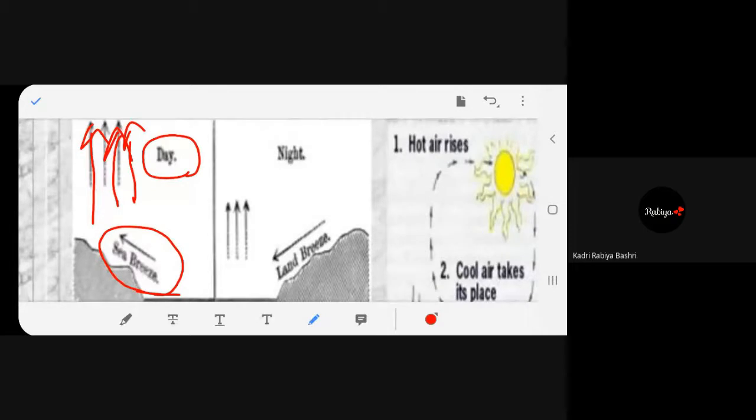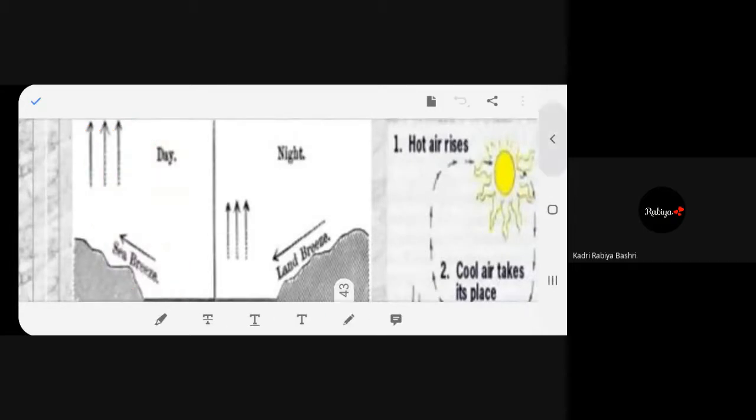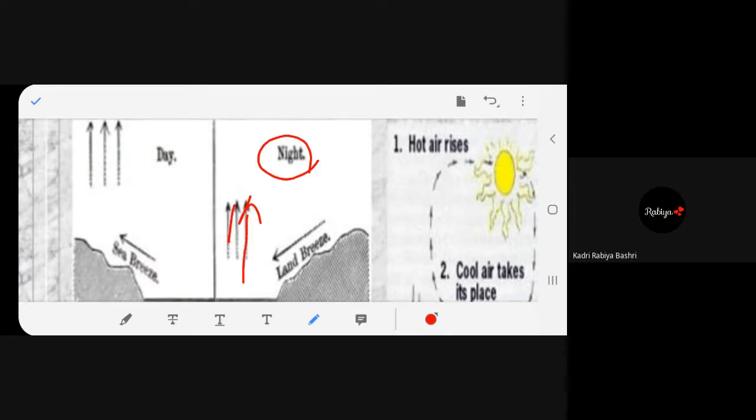Yes. At night time, the sea air rises up. The land breeze comes to the sea. So what is this? Land breeze. What is this called as? Land breeze. Is this clear?